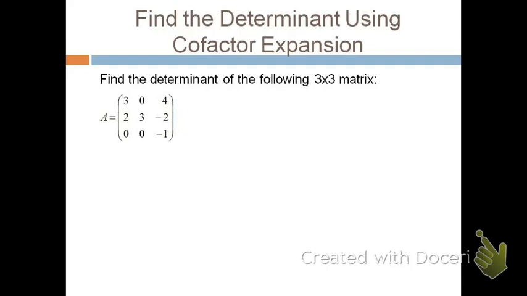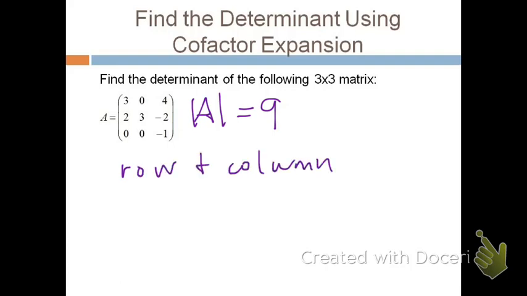Find the determinant of this matrix, which we found to be 9. Choose a row and a column that you feel would be sufficient and easier, and see if you get the same determinant of 9.